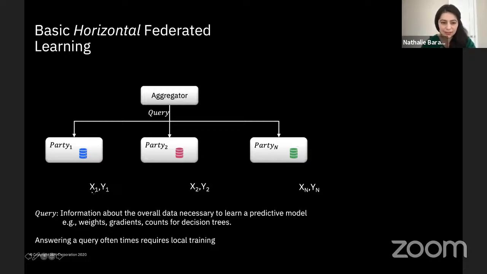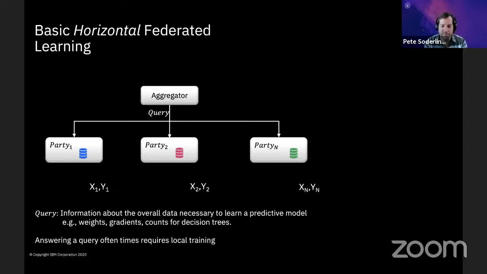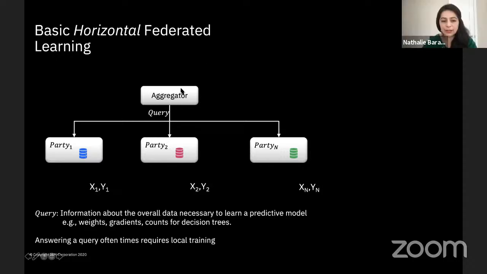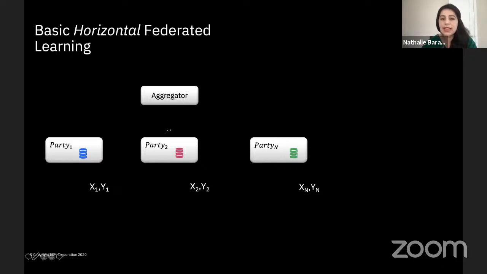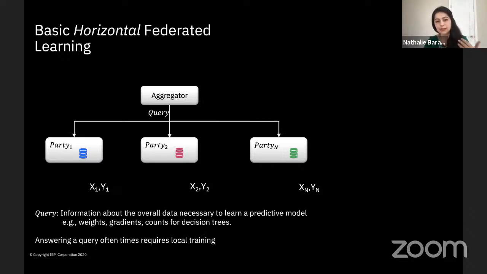This training data can have something like X, Y. So this is the sample, for instance, an image or your text message, and the label, if we are doing something like a classifier. And the aggregator here is going to orchestrate the entire training process. The aggregator first sends a query to each of the participants.